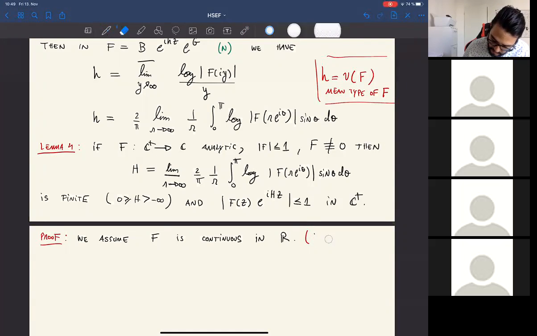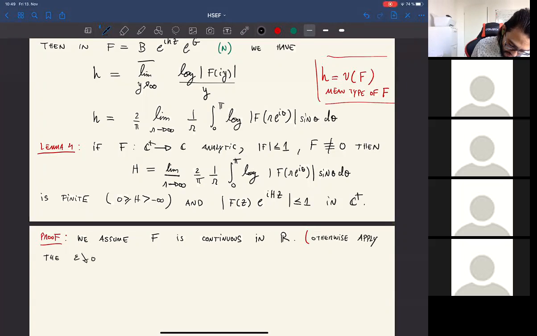Otherwise, apply the epsilon going to 0 trick, which is you do everything we're going to do for the function f(z + iε), where ε is something positive, and then you will conclude something for this function, and then you take ε to 0.